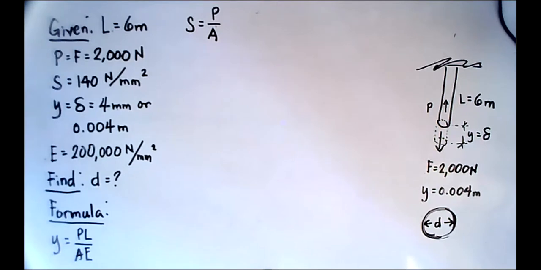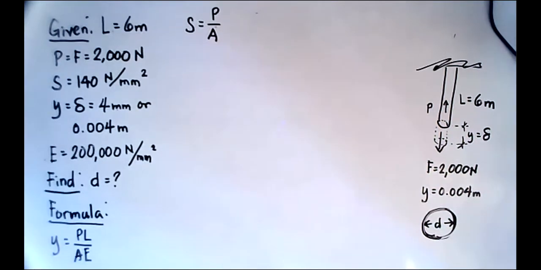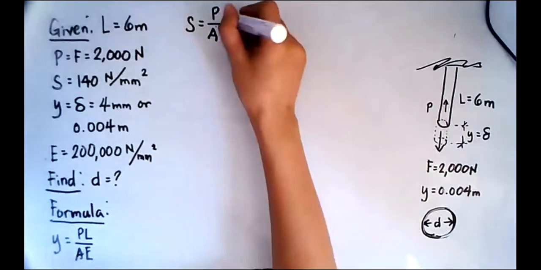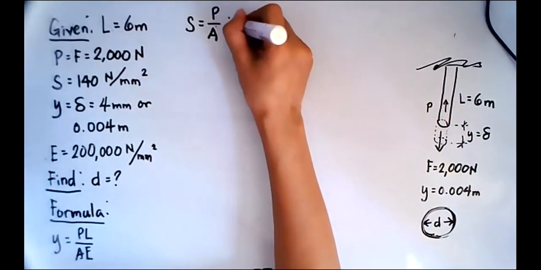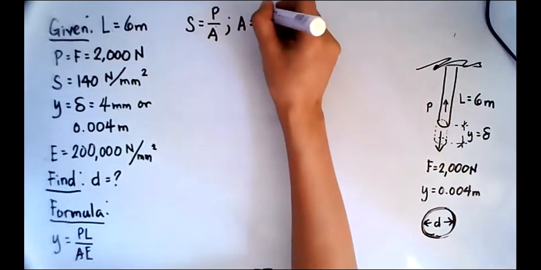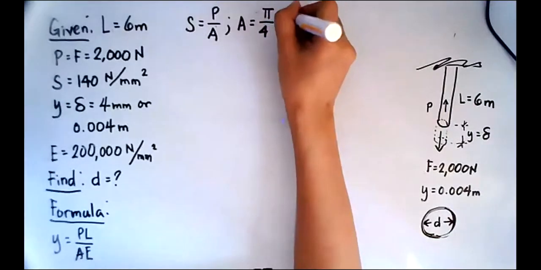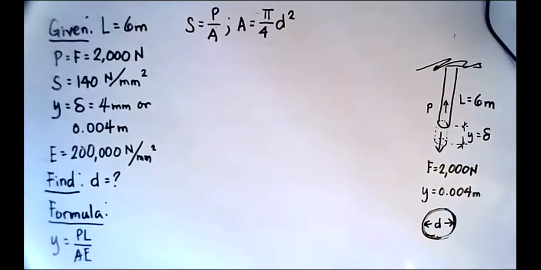So what's the circular cross section area? Anong area na gagamitin natin? Area is equals to pi D squared over 4. Okay?